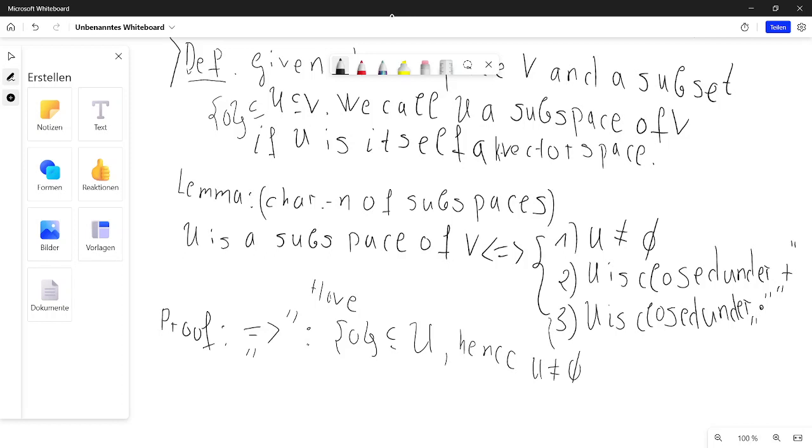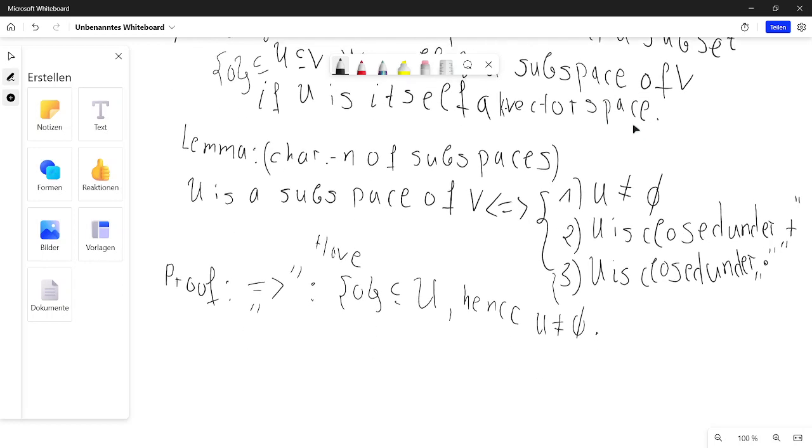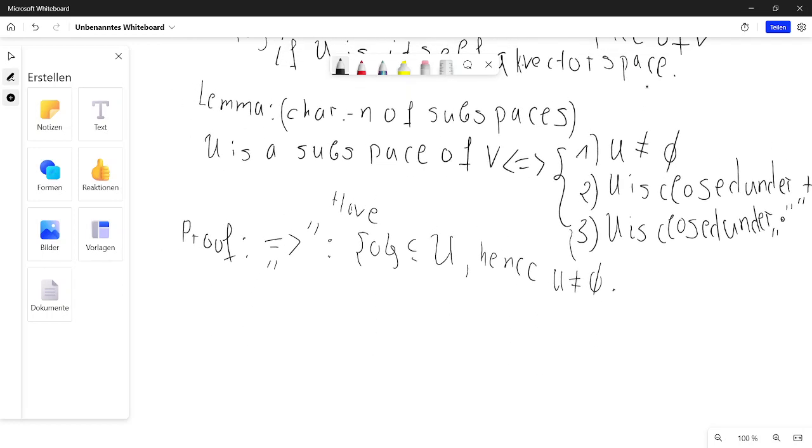Yes, you really have to assume that. If you don't, then nothing prevents me from taking an empty set, and its elements satisfy all properties by trivial considerations. So it would be a vector space, but the general case we don't want to have. So we have proved the first one.